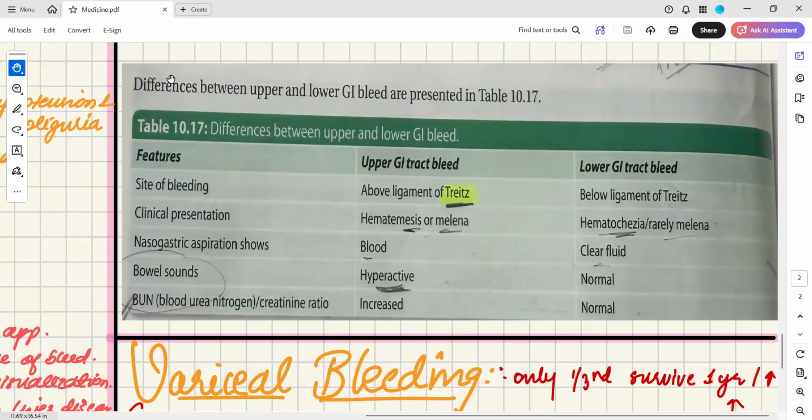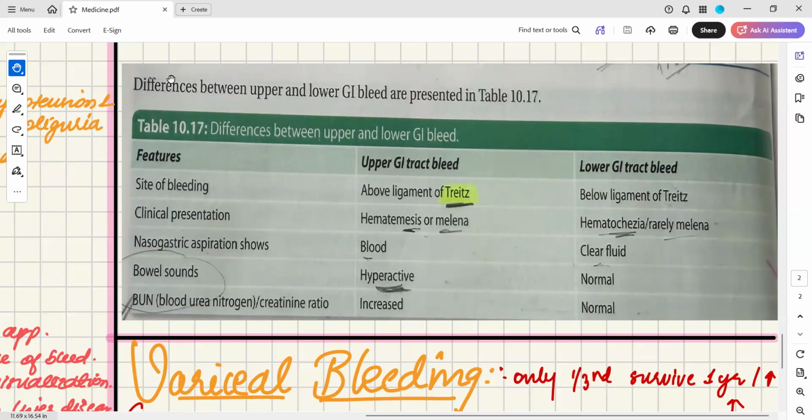Hematochezia is fresh red blood in the feces or stool of the patient, whereas melena is black stool, because if the cause is upper GI bleed, the blood gets digested by the action of digestive enzymes and is then presented in the feces.